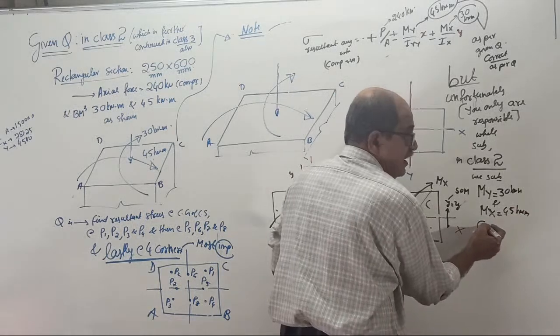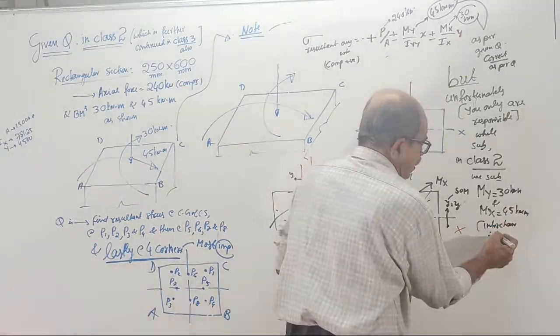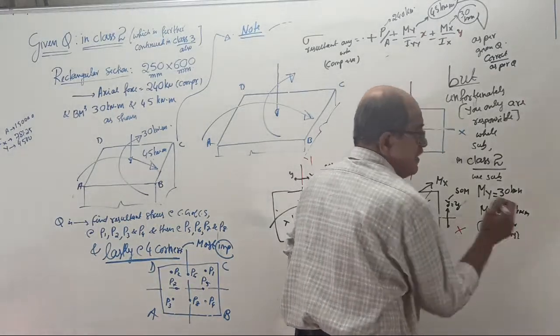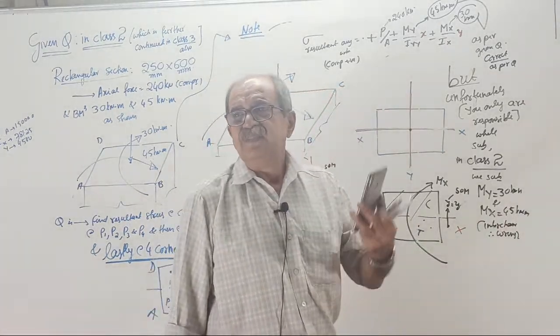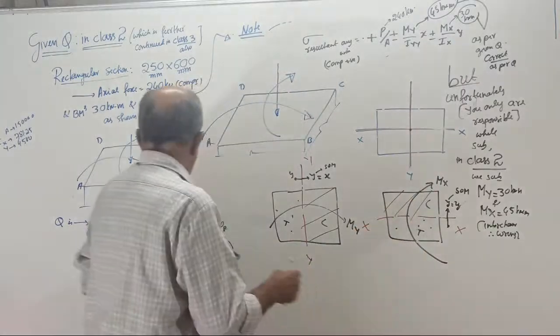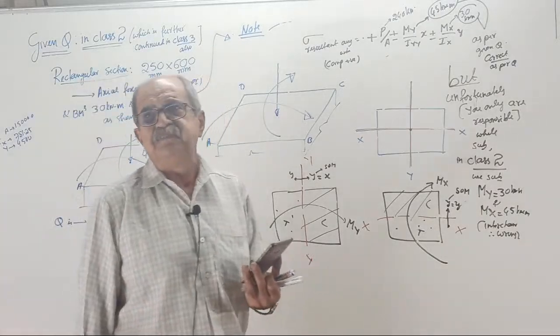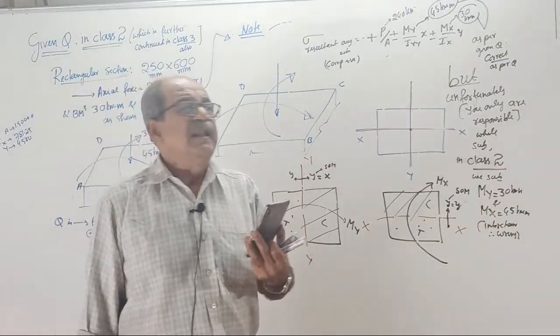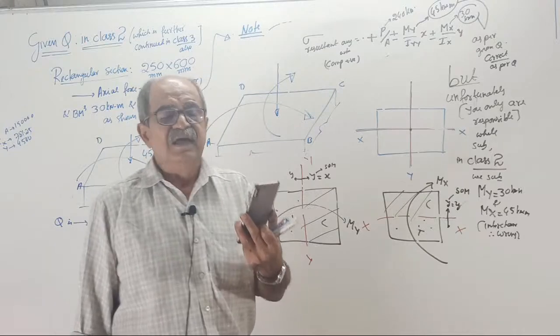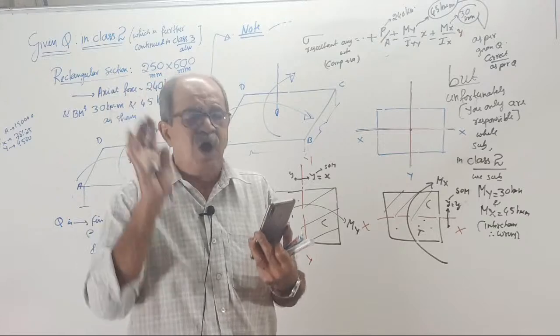That is interchanged. Therefore, wrong values. Remember, wrong values. Therefore, the result we got in class 2 for P1 to P8, then corners A, B, C, D, the 4 corners, are they correct or wrong? Tell the answer.